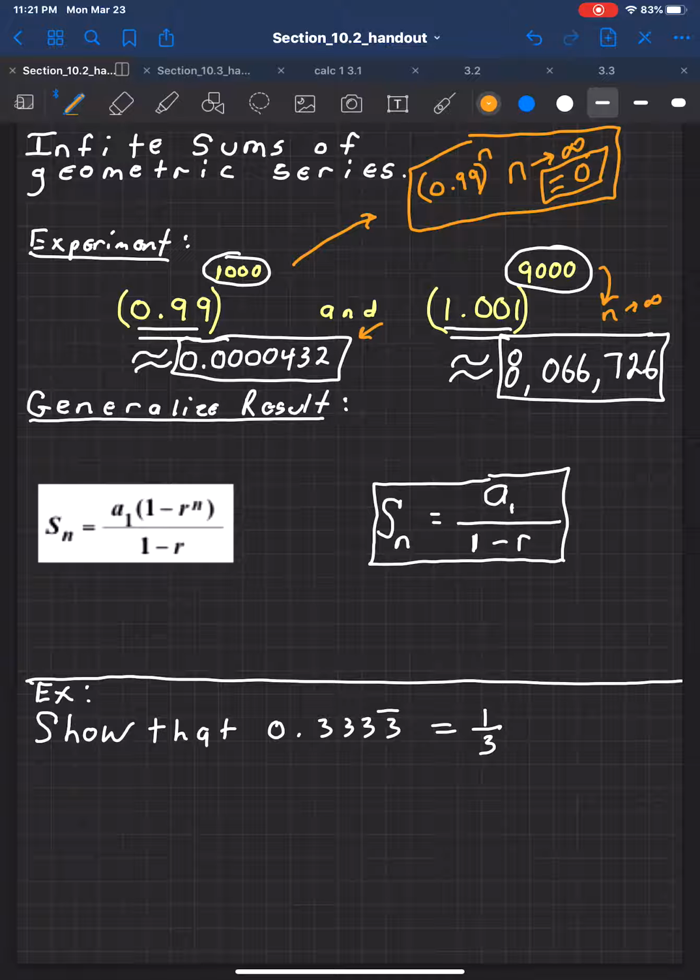We don't know if that something is going to be infinity or not. But that's not the point. The point is, let's see if we can make a generalization about what 0.99 to the power of n approaches as n approaches infinity.